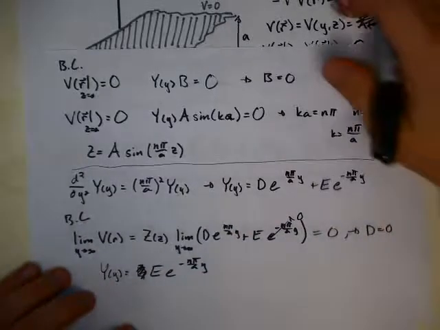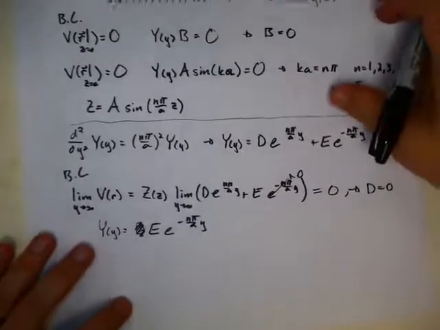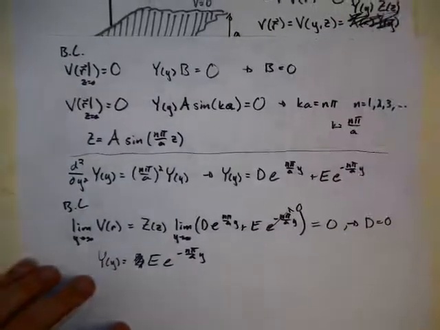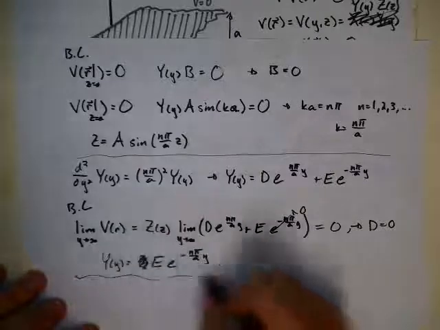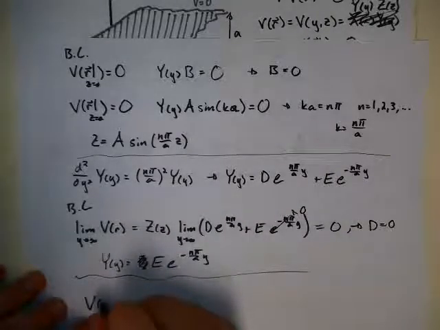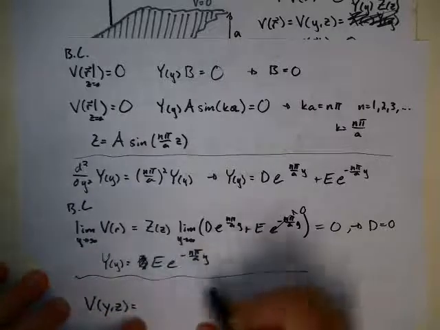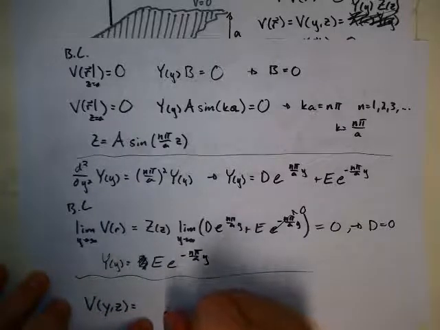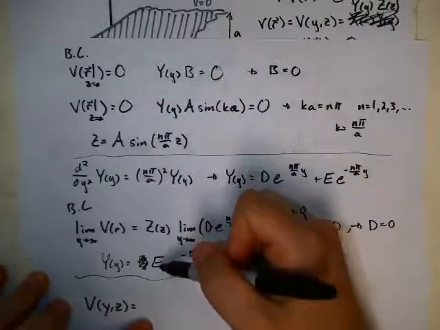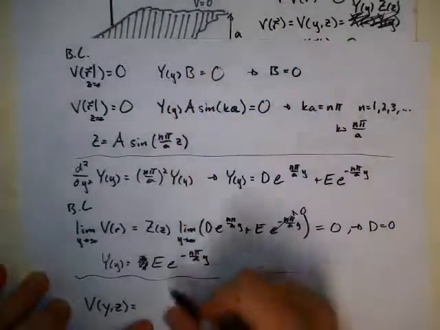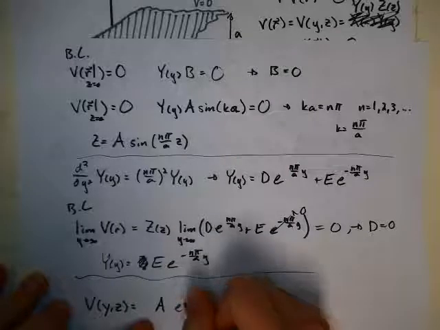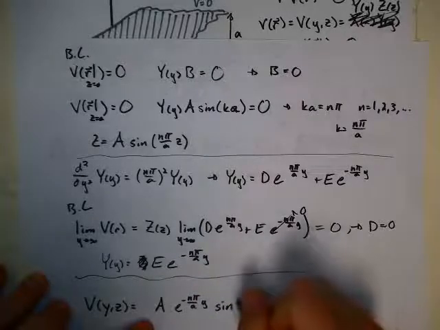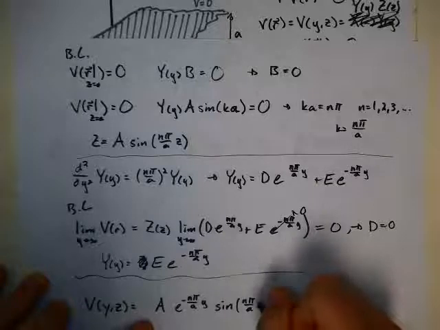And using this statement that the potential I'm looking for is the product of this y and z, I'm going to be able to write that V, a function of y and z, is going to be equal to, I have a constant A and a constant E, but when they're multiplied together, I can just absorb the E into the A. So I'm going to write this capital A, and then exponential of minus n pi over a y times the sine of n pi over a z.